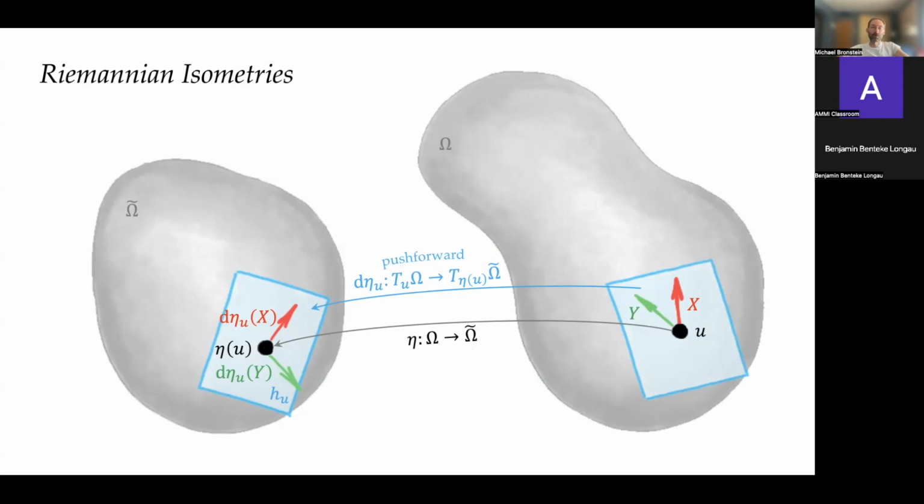The analogue of this is called the push-forward map. The analogue of the differential in Riemannian geometry is a map between two tangent spaces. Remember that we said that tangent vectors are a model of local displacement. So that's exactly it.